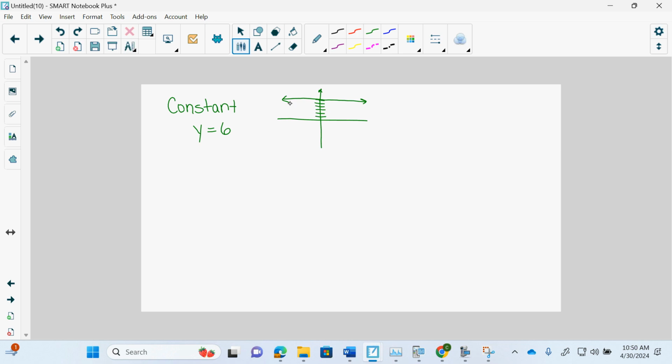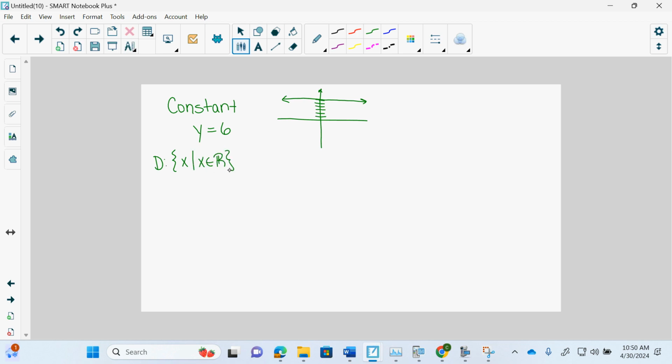Polynomials, remember, have x values or constants that are whole numbers. So this one would be like 6, but I could put behind it x to the 0 technically, right? Because to the power of 0 is just 1. So as long as it's just a number or an x to the 1, x2, x3, x4, it's a polynomial, correct? This one's a constant function. Its domain would be x such that x is an element of the reals.